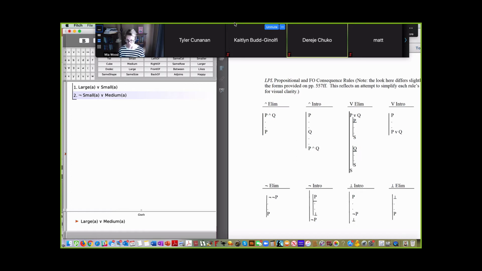We also know that when we're setting up our strategy, we want the conclusion of our strategic subproof, that is our structuring subproof, our blueprint subproof, to be the conclusion of the argument itself. The question then is, which strategy do we use? Do we use disjunction elimination or negation intro?